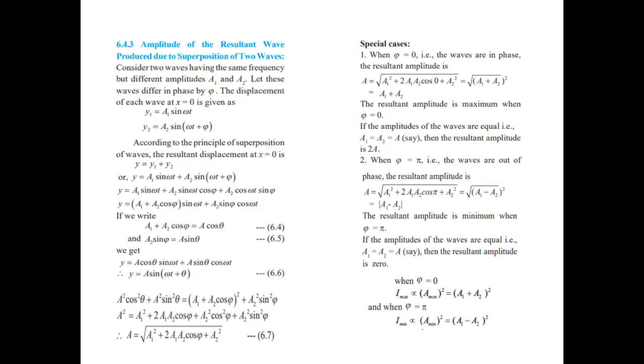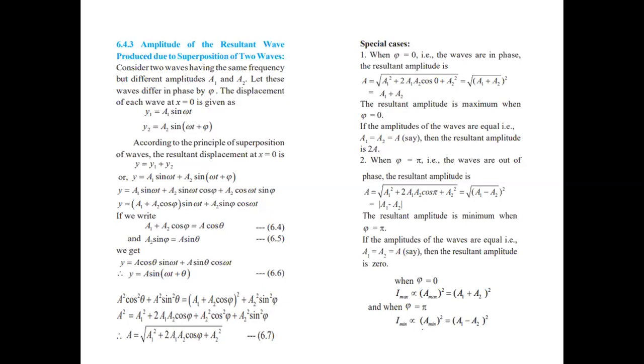We can write y equal to A1 sin omega t plus A2 sin omega t cos phi plus A2 cos omega t sin phi. In the next step, we can write A1 plus A2 cos phi in the bracket, with sin omega t taken out as common, plus A2 sin phi cos omega t.